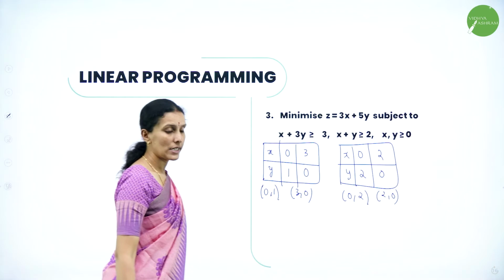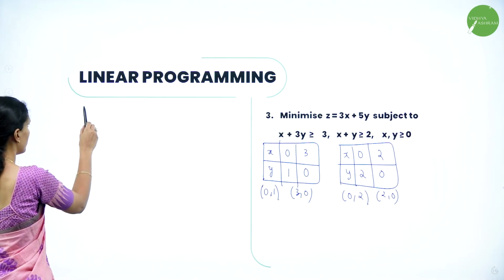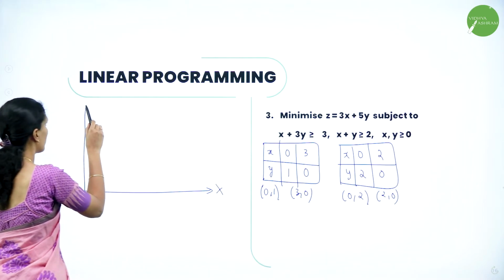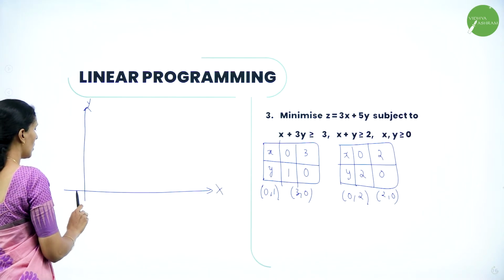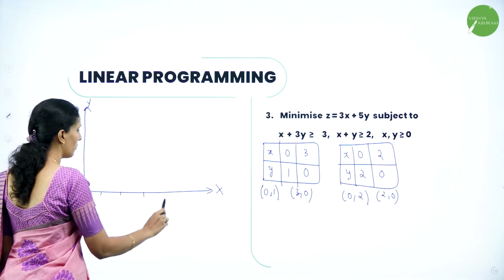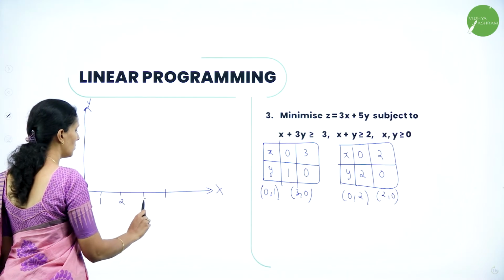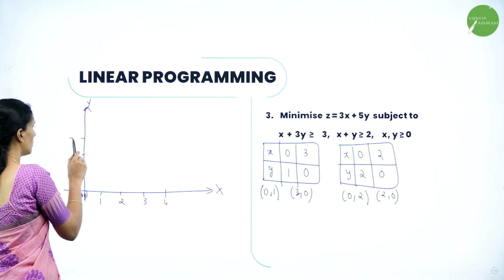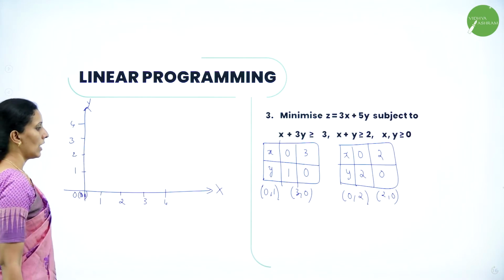Let's plot this in the graph: x axis, y axis, origin which is 0, 0. Next we have 1, 2, 3, 4. 1, 2, 3, 4. Similarly 1, 2, 3, 4. Let's see the point.